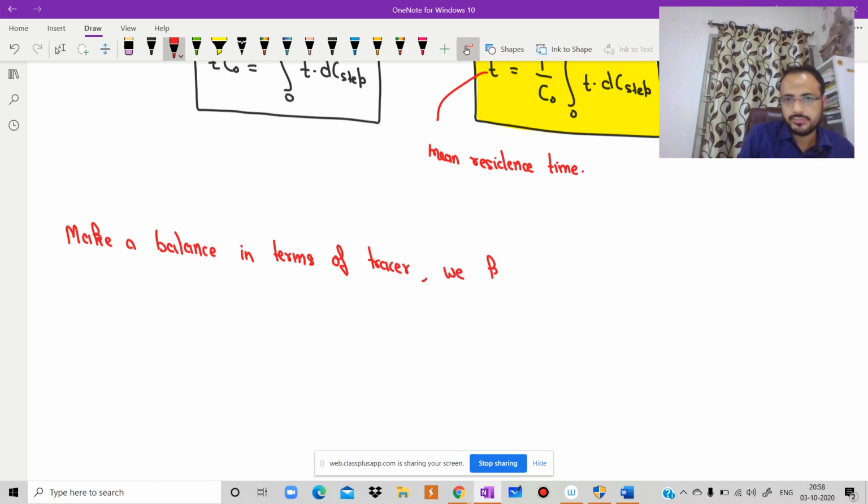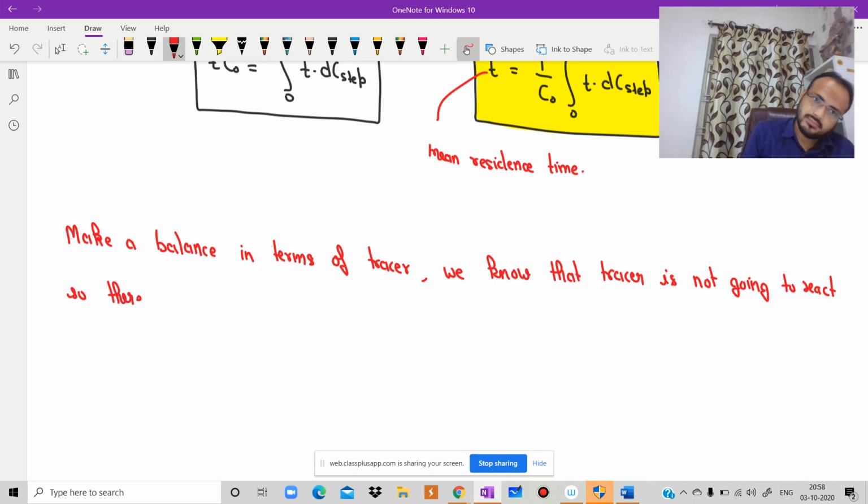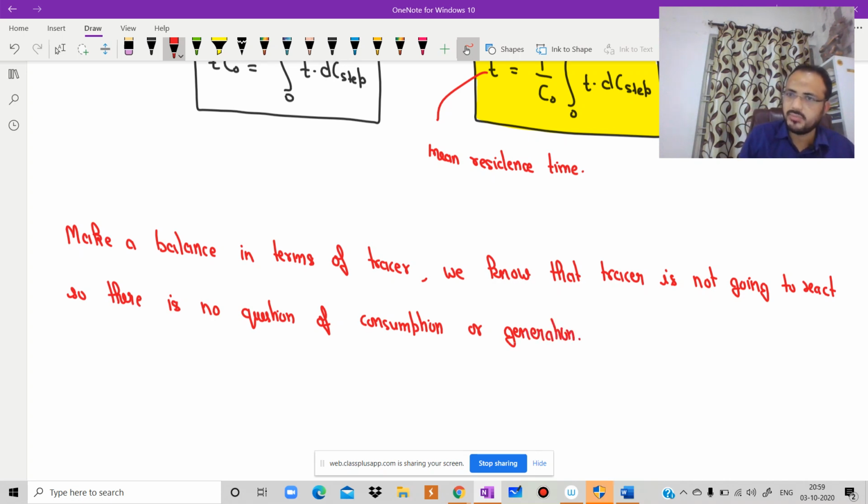And we know that the tracer is not going to react, so there is no question of consumption and generation.